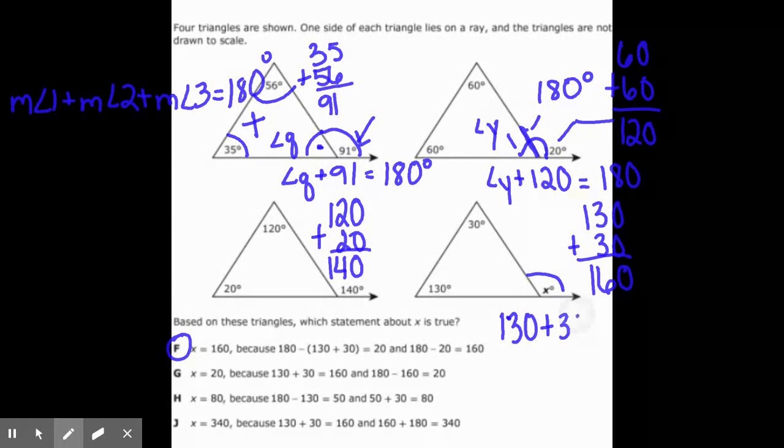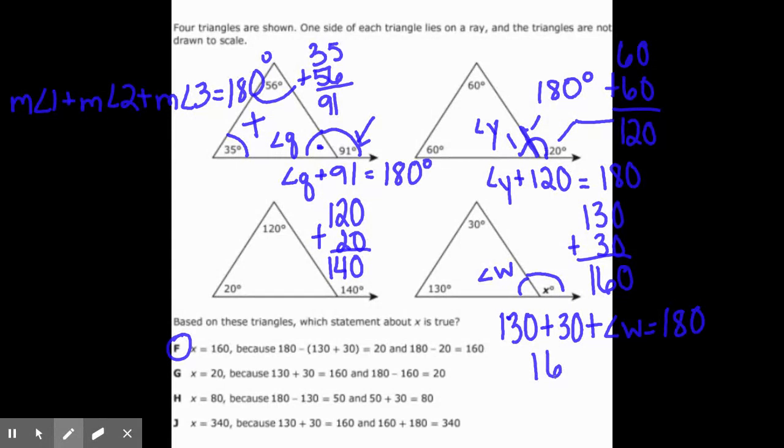So 130 plus 30 plus, we'll call this angle W, plus angle W equals 180. All right, so then 160 plus angle W equals 180.